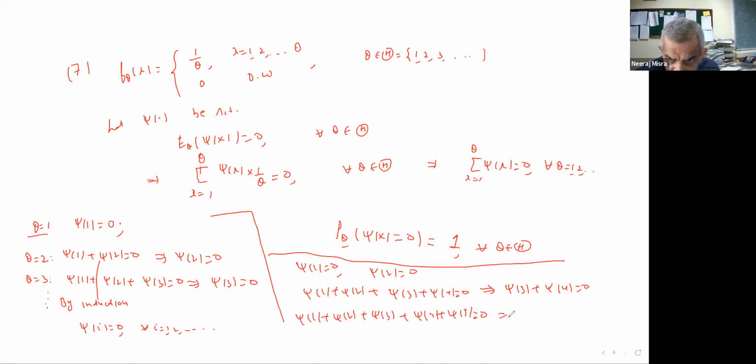So this implies that psi 5 is 0. So from here onwards, any of the psi's would be 0. But about psi 3 and psi 4, the only thing I can say is psi 3 plus psi 4 is 0. So I can choose a function such that psi 3 is minus 1, psi 4 is plus 1, and all others are 0. Right? So this gives me a hint.